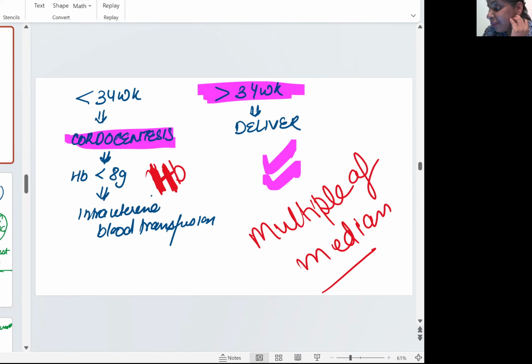It is not medium, it is median. Is it okay? Now you know everything.